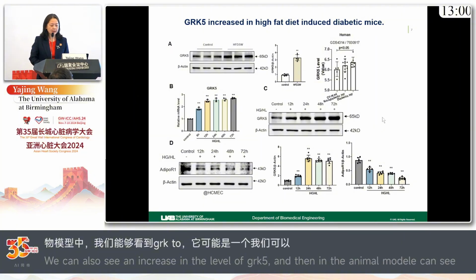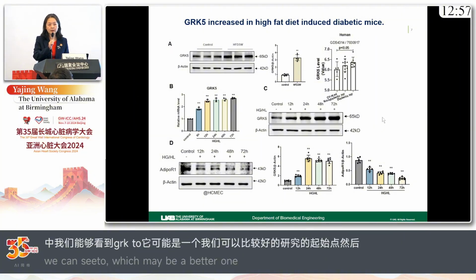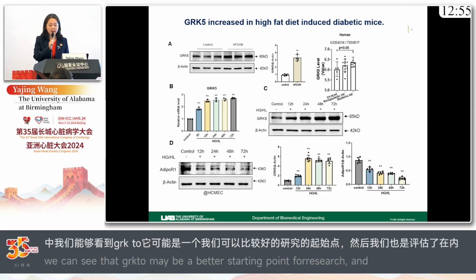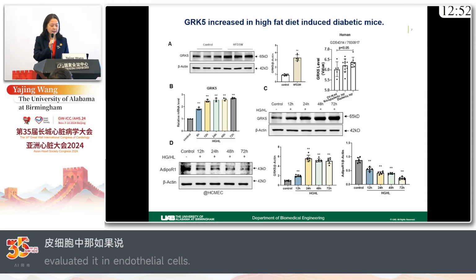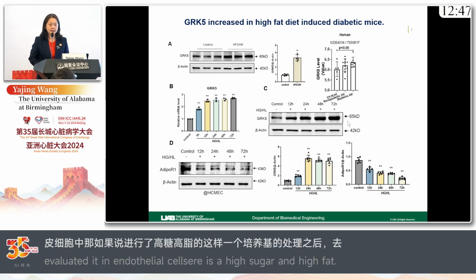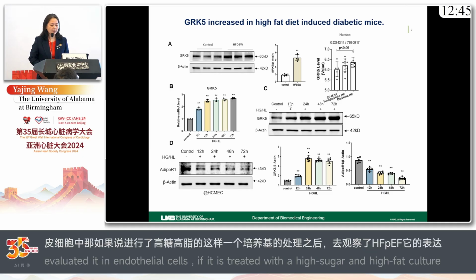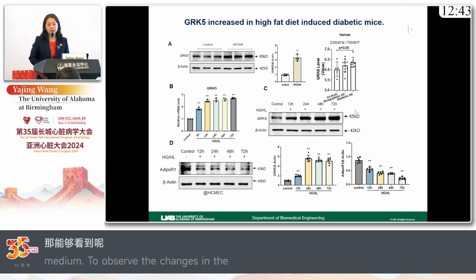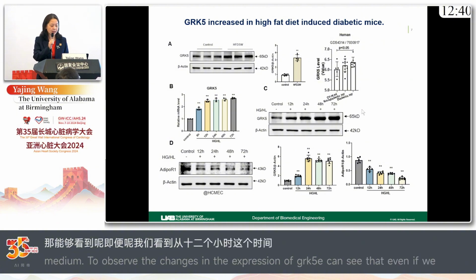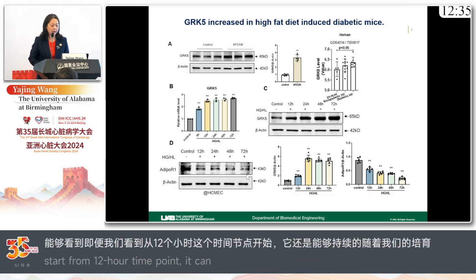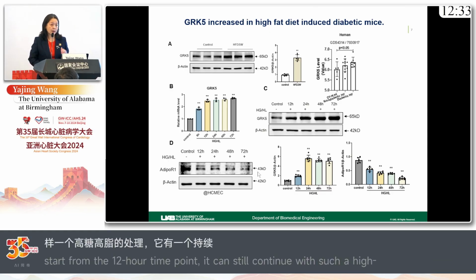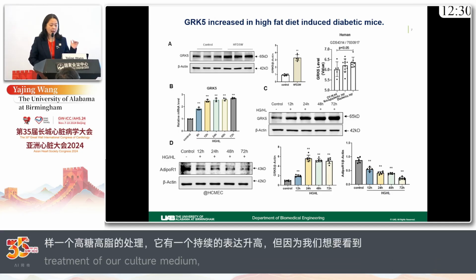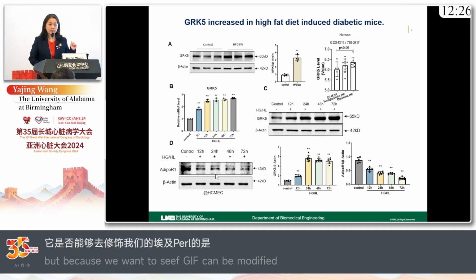We isolated endothelial cells and gave them high glucose and high lipid treatment to observe GRK5's expression tendency. We found that starting from 12 hours, expression still increased. We also wanted to see whether GRK5 modifies the receptors and affects adiponectin's protective function, so we measured the adiponectin receptor.